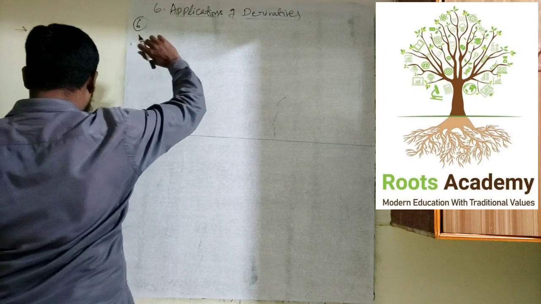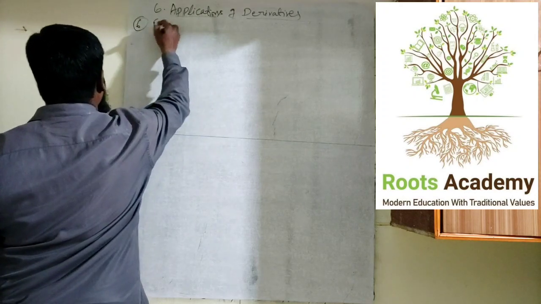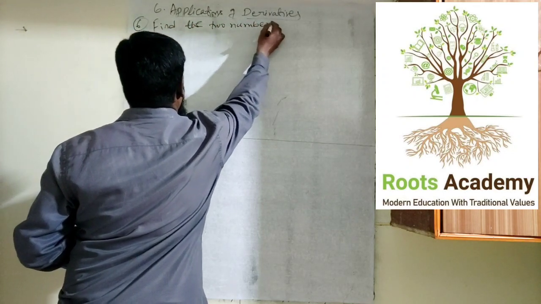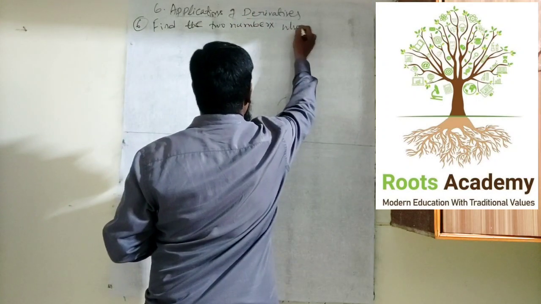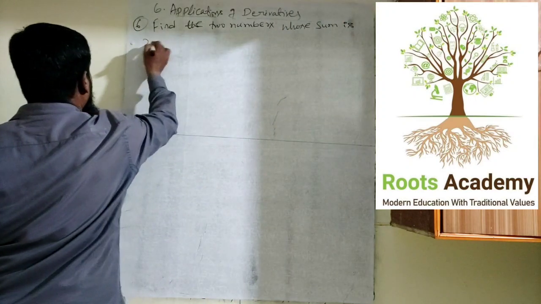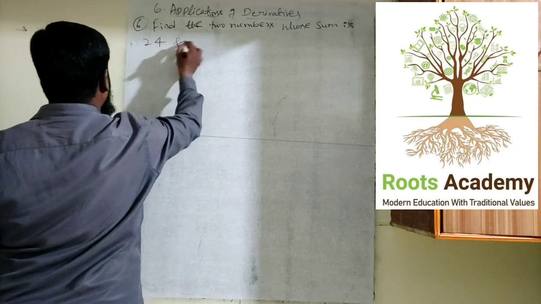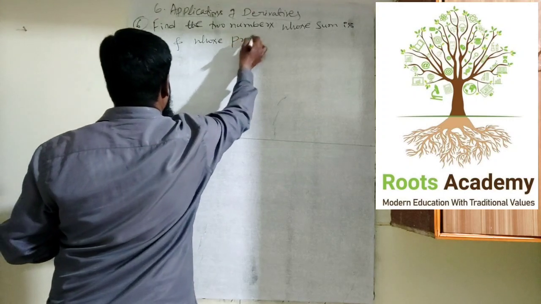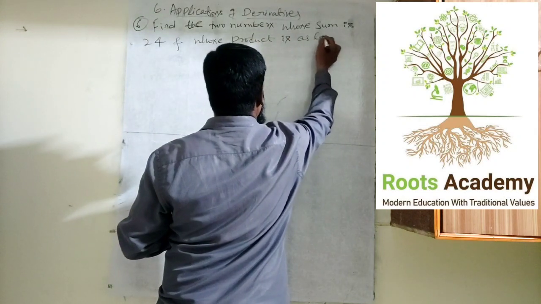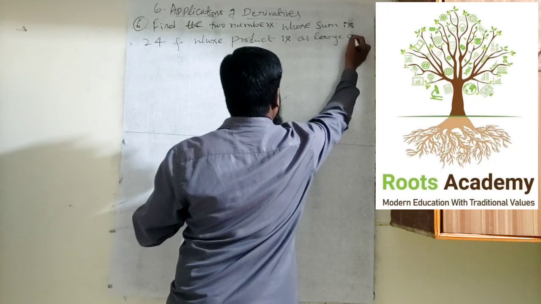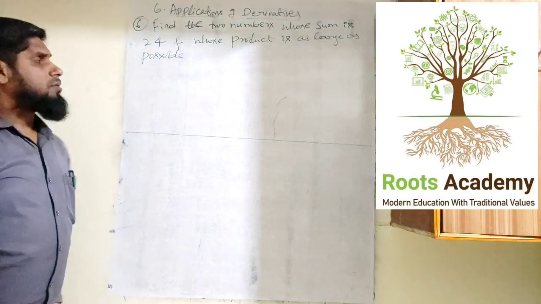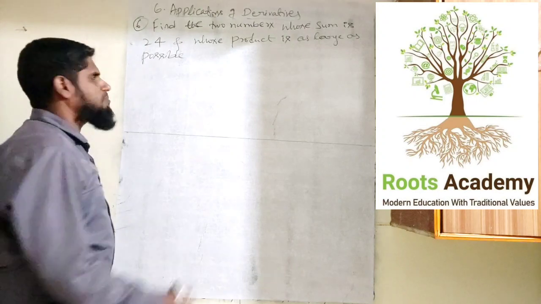So the first problem under this is: find the two numbers whose sum is 24 and whose product is as large as possible. So as large as possible in the sense it is maximum, obviously, no doubt about it.